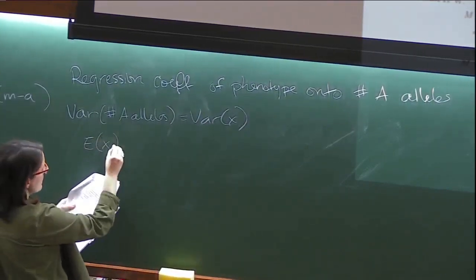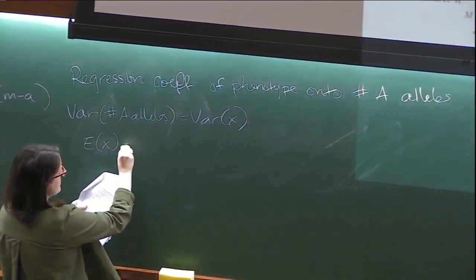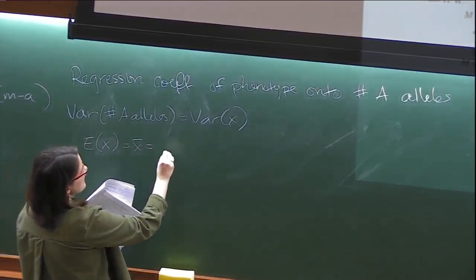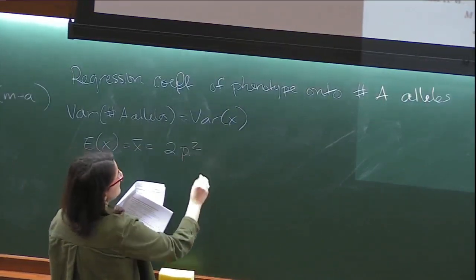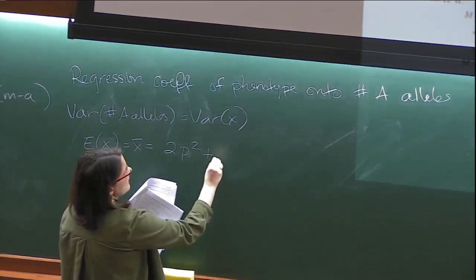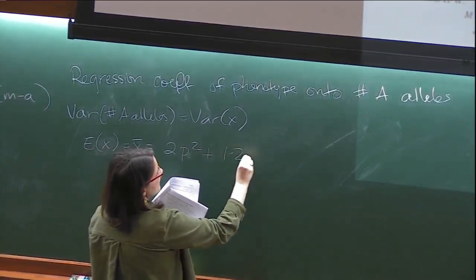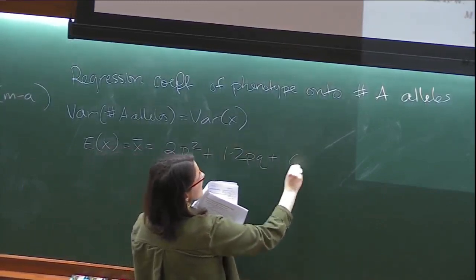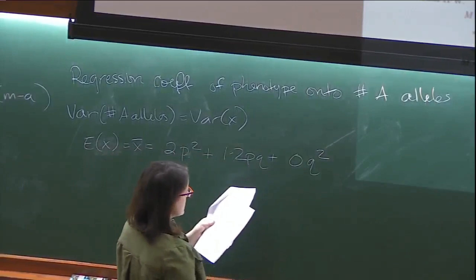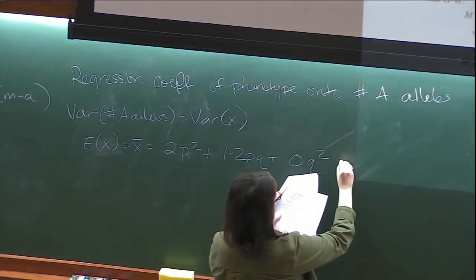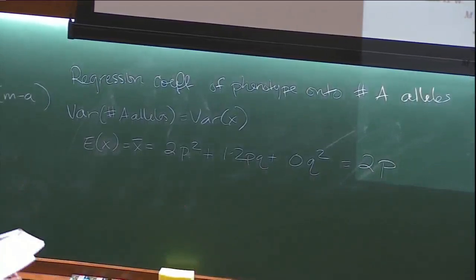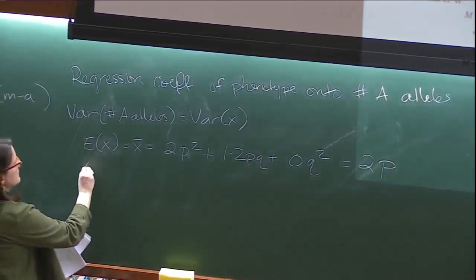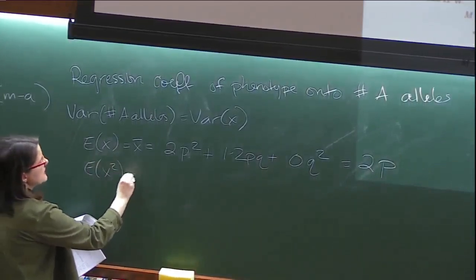The expected number of A alleles is very straightforward because we have 2 for all of our homozygotes, we have 1 for all of our heterozygotes, and we have 0 for all of our other homozygotes. This ends up being 2p. And we can also find x squared the same way.